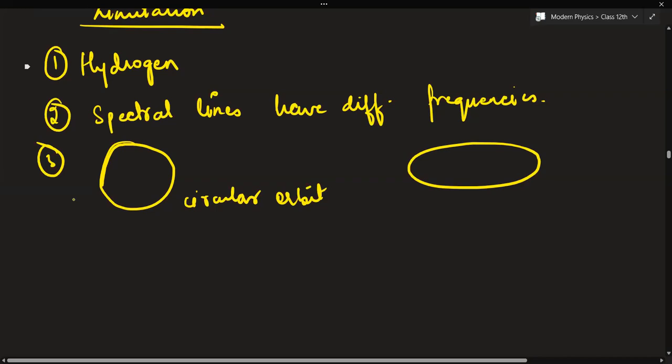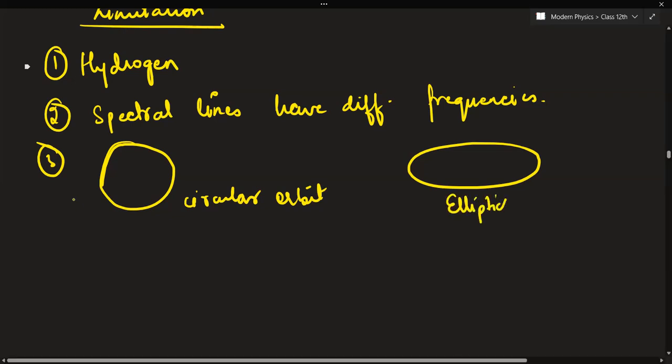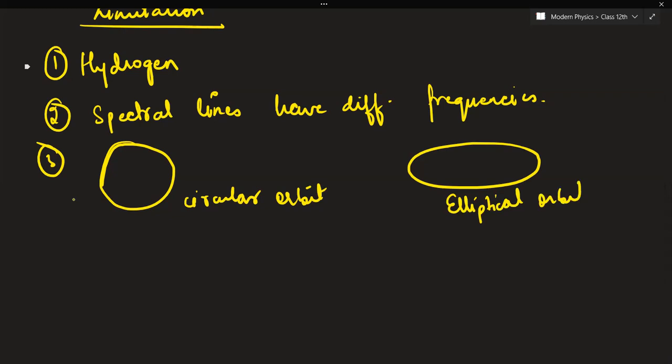So all these elliptical orbits are also possible rather than just circular orbits. Bohr's theory didn't justify anything for the elliptical orbit. Circular orbits are possible, but what about elliptical orbits? That's why it became one of the limitations.